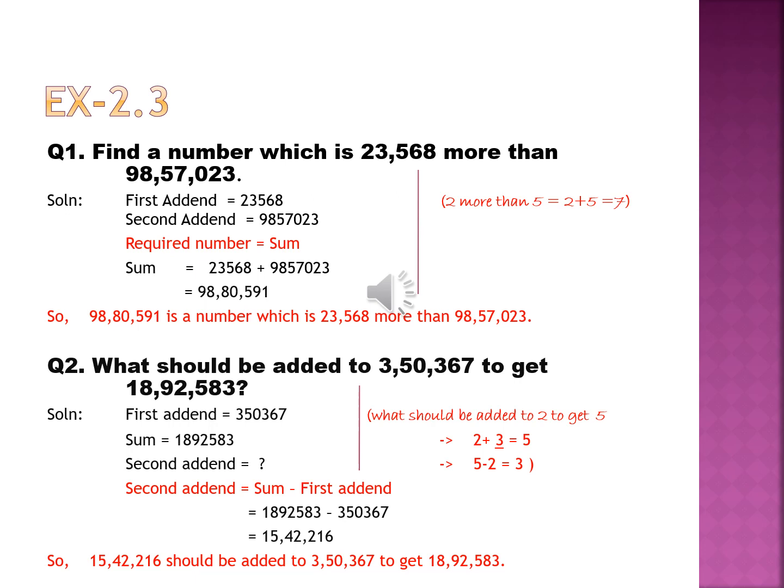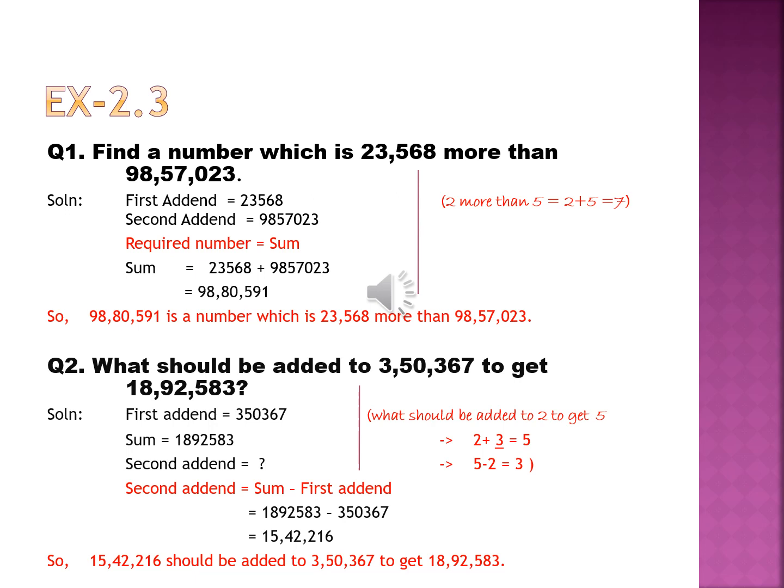So it becomes clear to us that the two numbers given to us in the question are the addends, right? And we have to find out the sum. So the first addend you can write, the second addend you can write, and the required number is the sum. So the sum is 23568 plus 98,57023, and the sum comes out to be 98,80,591, right?